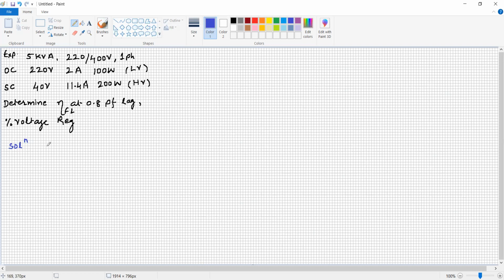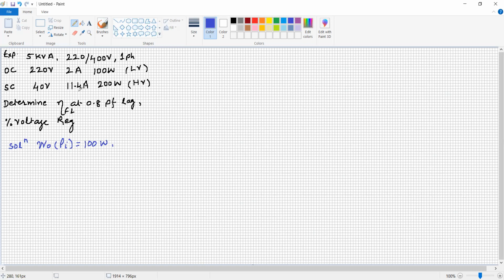Now, what is given? Here W0, which is nothing but Pi, the iron loss, is given as 100 watt, and copper losses are equal to 200 watt.